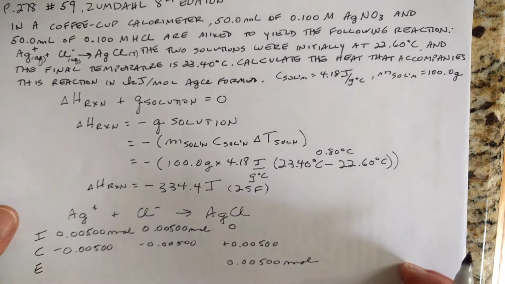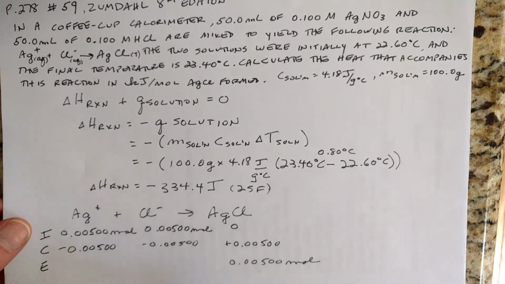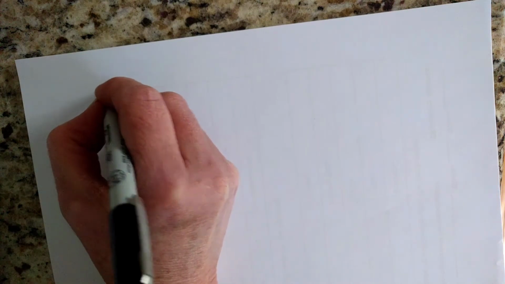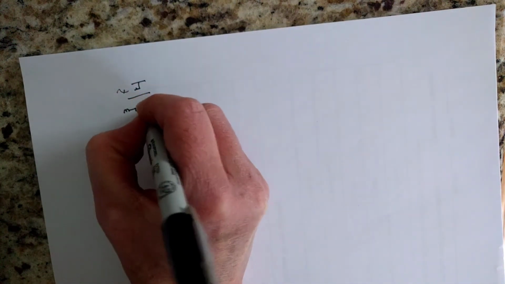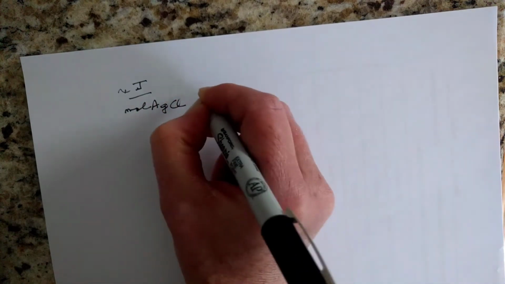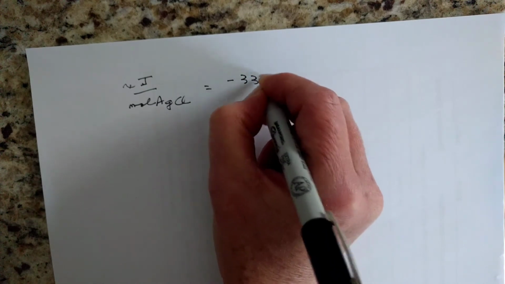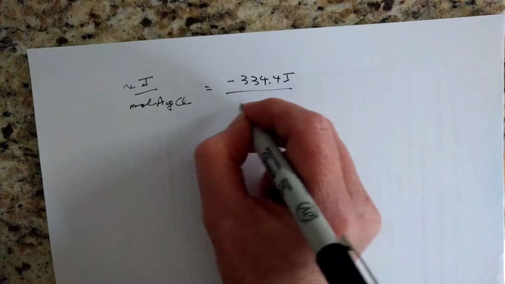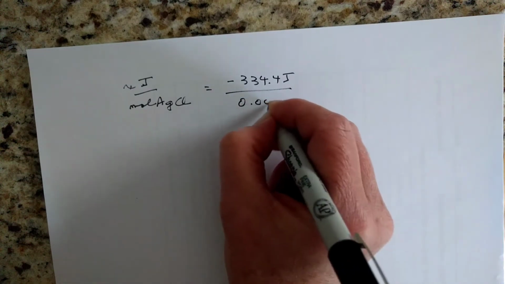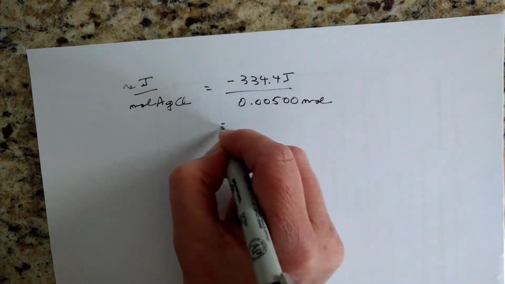So now I need to figure out the heat in kilojoules per mole of AgCl formed. My units that I want are x joules per mole of AgCl. So my joules, negative 334.4 joules over 0.00500 moles.